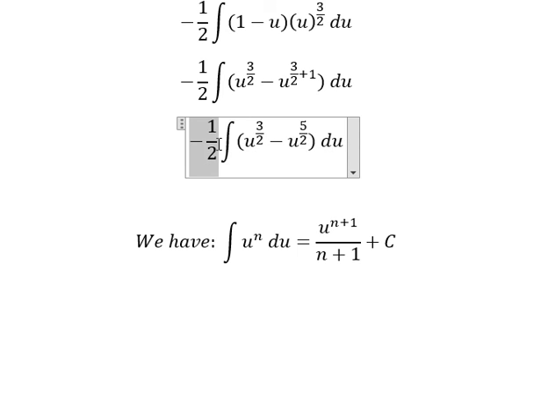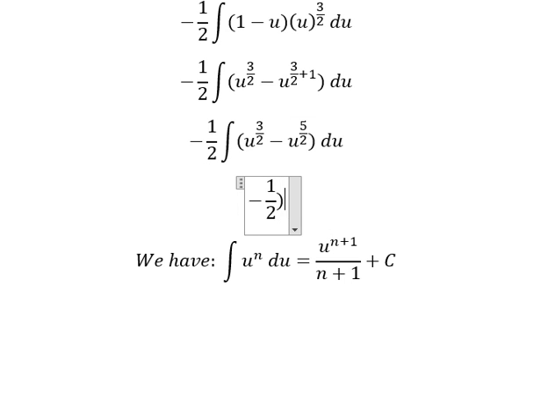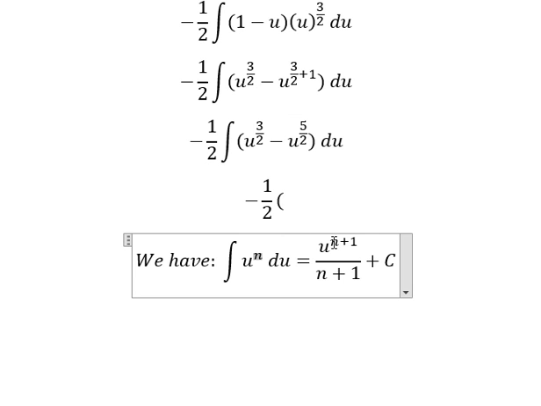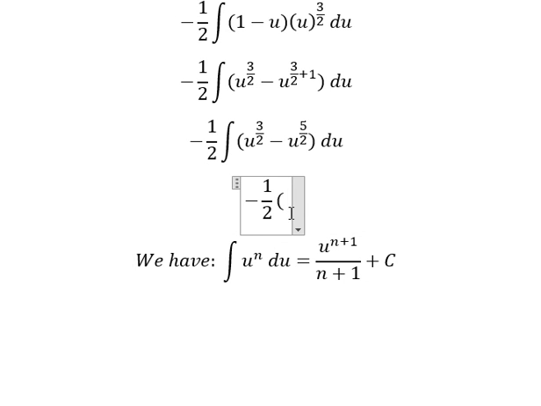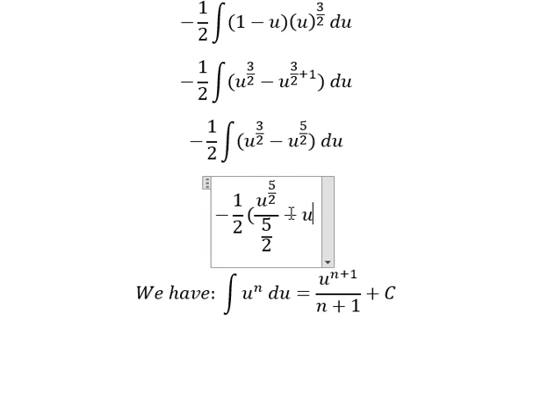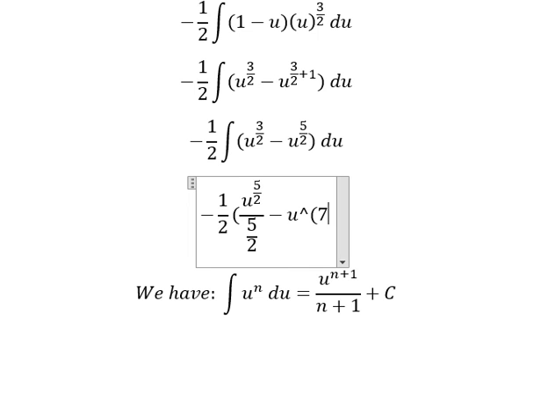So the integration of this one, we put 3 over 2 here. So 3 over 2 plus 1, we have 5 over 2. And the next one is about 7 over 2.